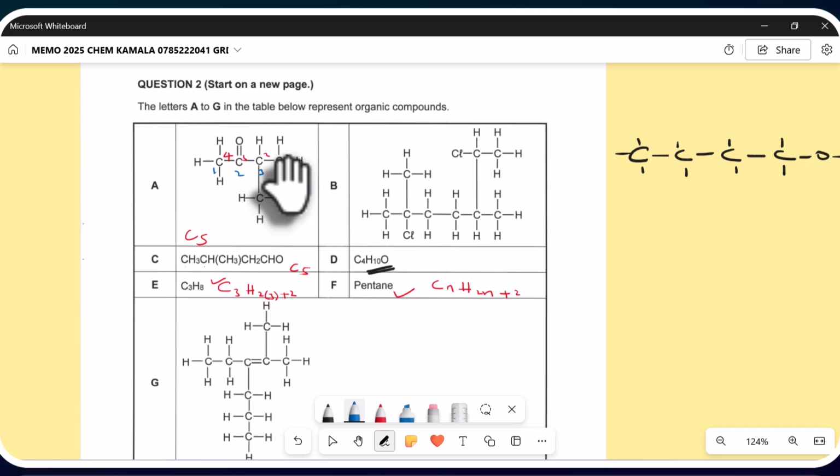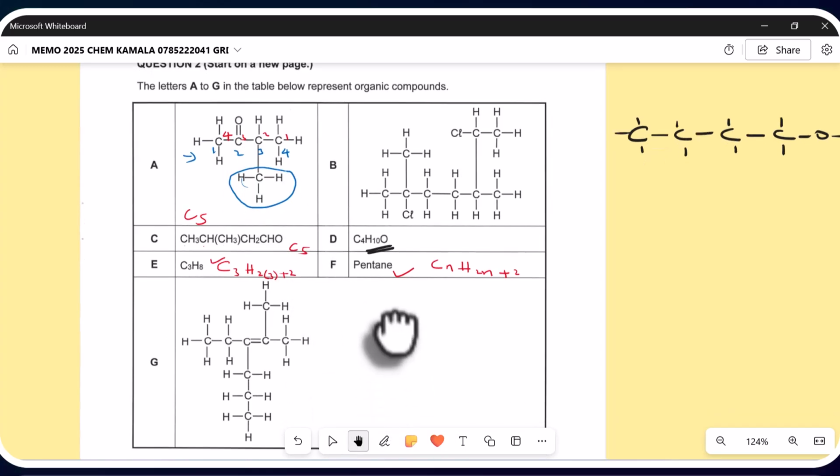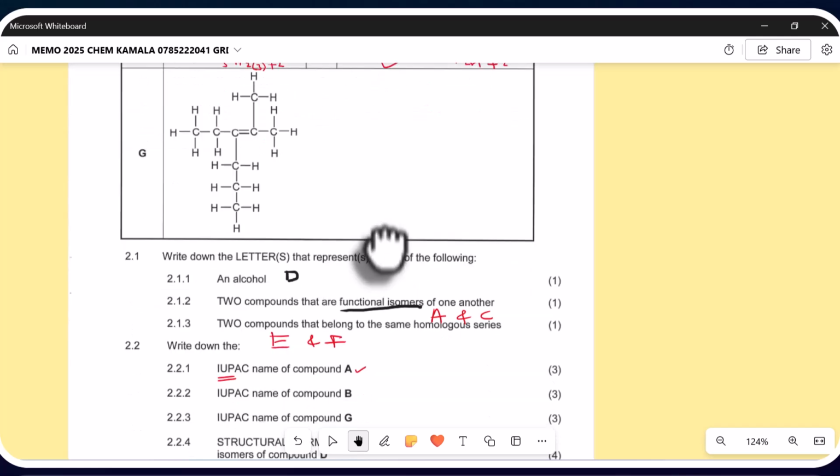And so what are we going to say in this case? So begin with the branches here. So we say 3-methyl butane 2,1.